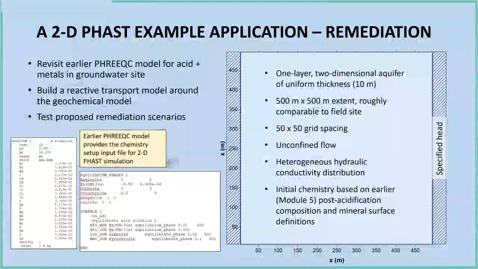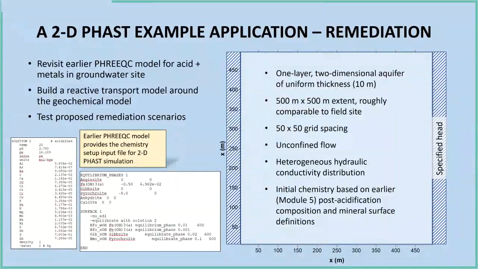So a brief summary of the features of this particular model includes the following. The chemistry model was discussed previously in Module 5, so you can have a look back at that if you'd like after the webinar is done for a refresher. And the processes that we looked at included things that we're addressing here with the solution chemistry keyword block, equilibrium phases, and reactive surfaces.